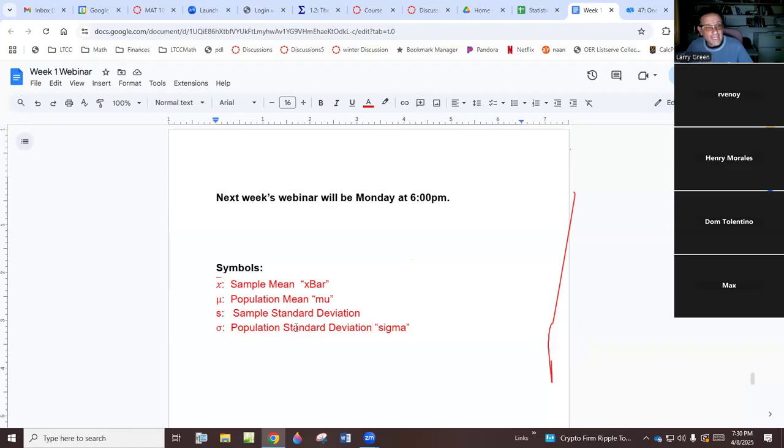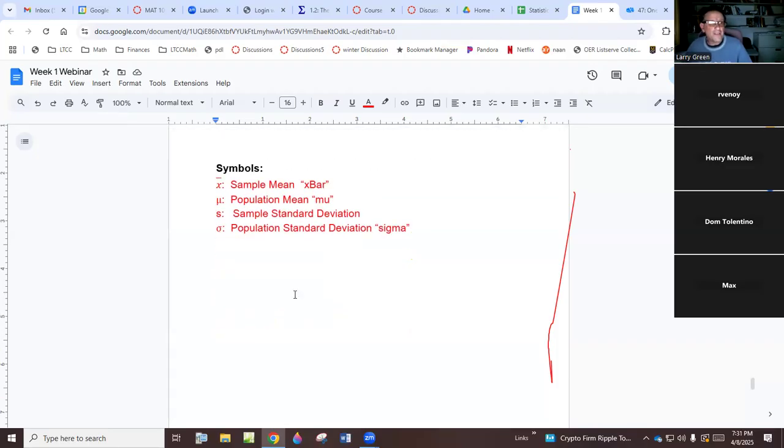And again, if you don't know how to type it on an exam or on the homework or whatever, you can type in SIGMA, that's fine. I hope you all know how to type the letter S, so that one you shouldn't need. And you can type MU for mu. If you type MEW, I'll let it go too. So anyhow, it's important to understand we're going to be using these symbols a lot in this class.